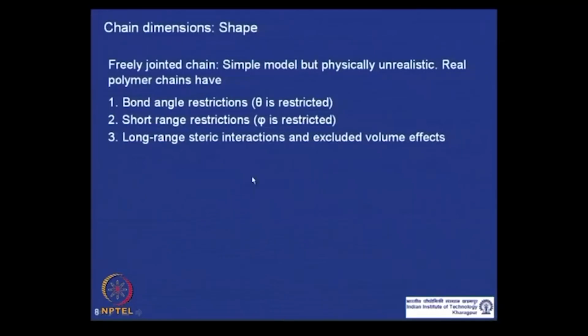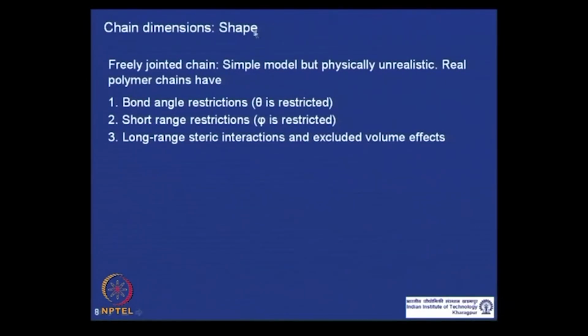So, there are actually three interactions: bond angle restriction and short range restrictions, which come from the single bond rotational restriction, and there is also long range steric interaction and excluded volume effect, which we will encounter one by one and see how the dimension or the size of the polymer changes.